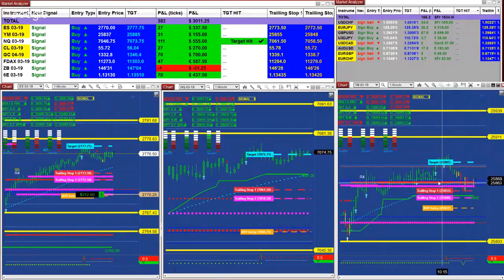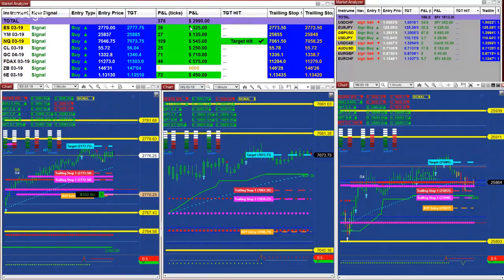Right now we are at 382 ticks in profit based on one contract, and our profit right now is 28.8125. For those who don't have a large account, you can always take one ES, one YM, one NASDAQ. Those are very cheap to trade. We don't need to take the DAX, the CL, the gold, the 30-year treasury bond, or the euro future.